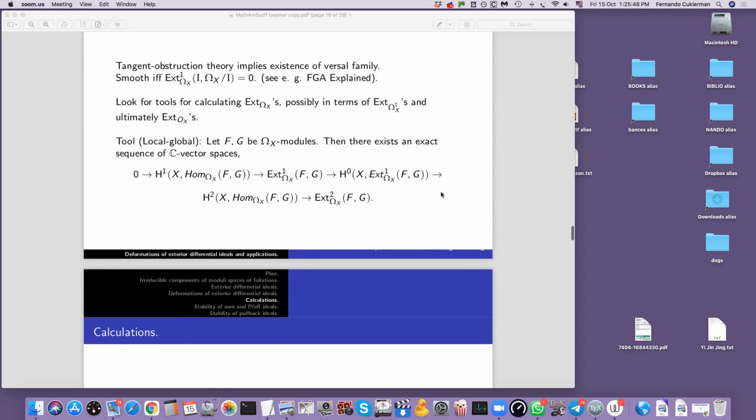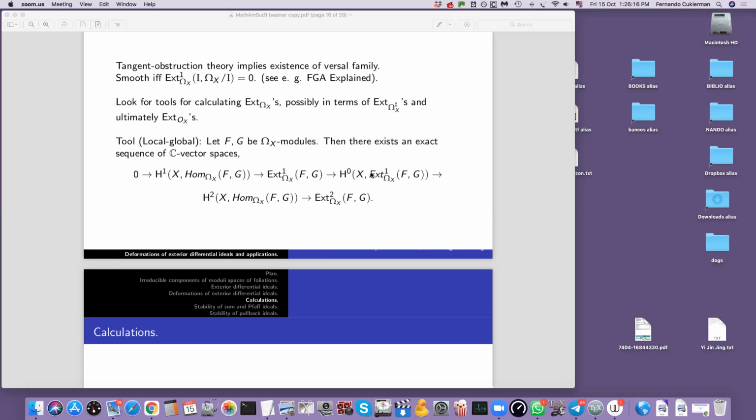One such method is the local-global spectral sequence and the associated exact sequence of lower terms, where this is the object of interest, and here we have the H0 of the same sheaf, but local. This is global Ext, and this is local Ext.